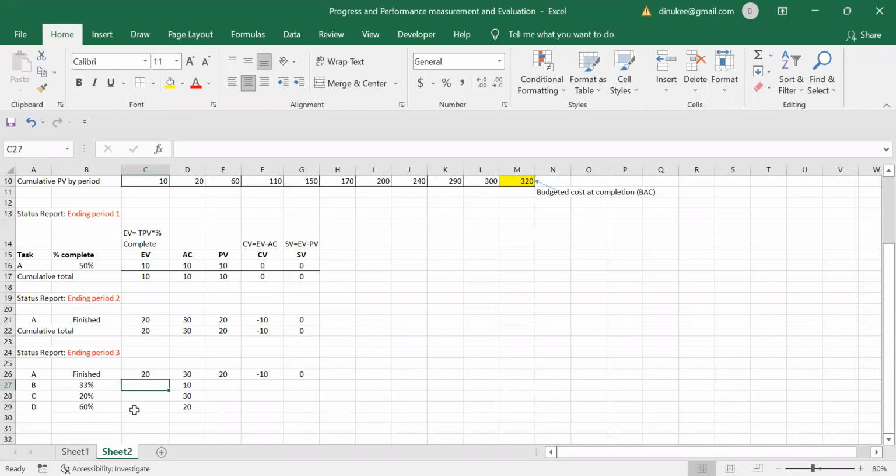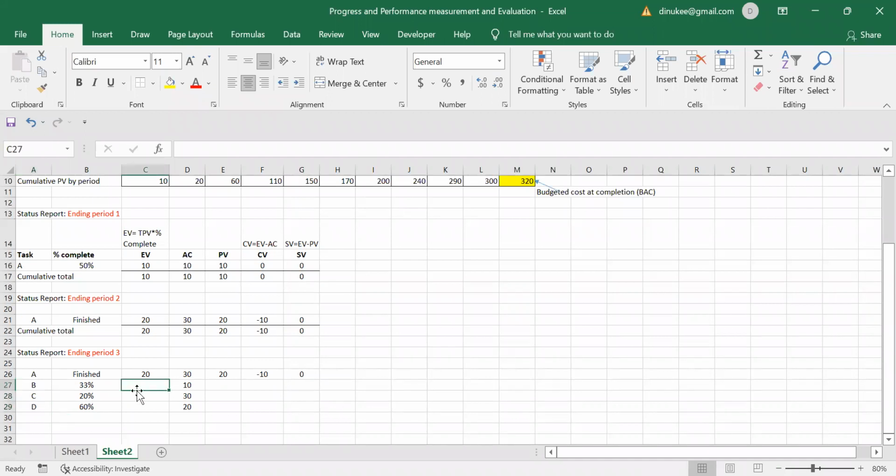Can you tell me the earned value, planned value, cost variance, and the schedule variance for the activity? I will do B for you and I will be asking you to calculate for C and D both, right?